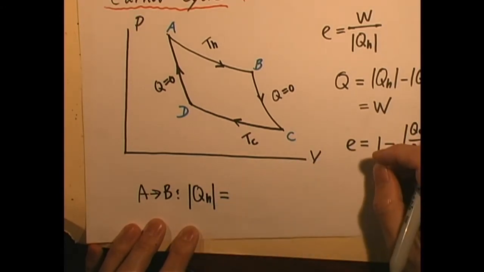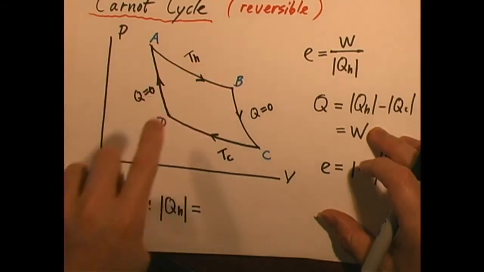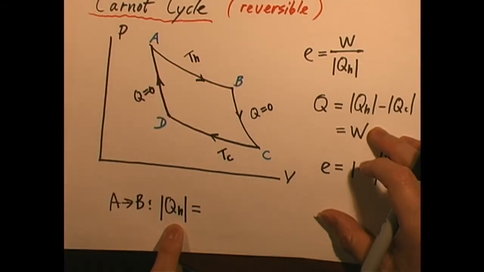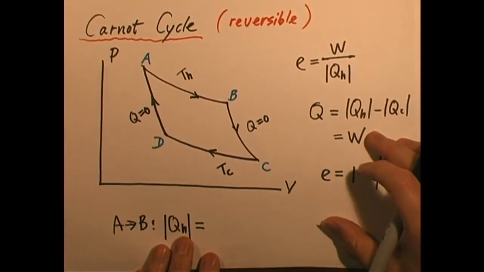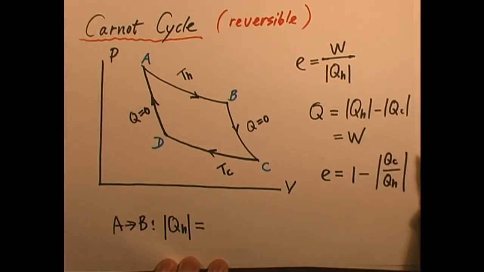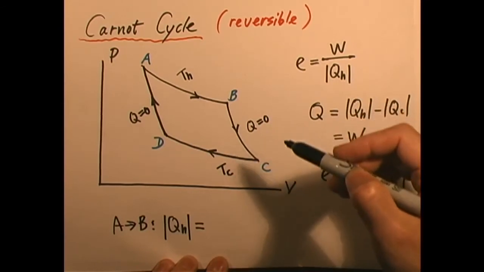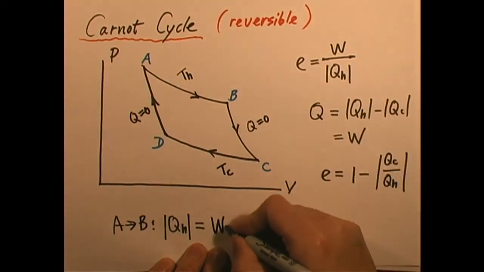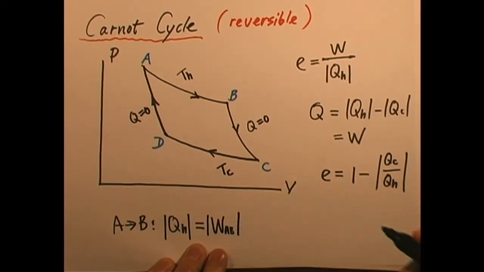Let's apply the first law of thermodynamics to this step only, from A to B. It absorbed this much heat. Since the temperature does not change, nor does the internal energy of the gas, you don't have an internal energy change, which means whatever heat is absorbed, you must convert 100% to do work, W_AB. That must be the work done by the gas.